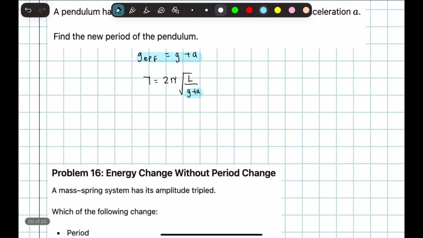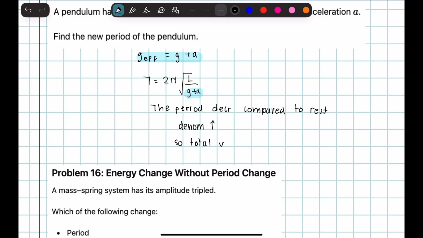So the period decreases compared to rest. That's because the denominator increased, so the total value decreases.